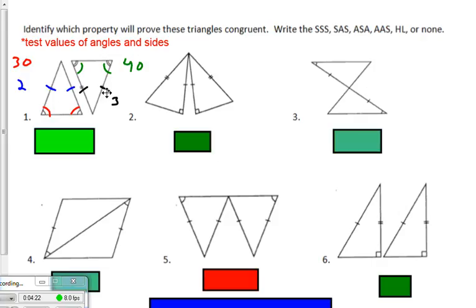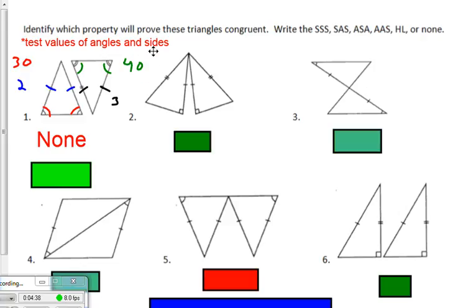This would be 3 by 3 with 40 degrees and 40 degrees. So because they didn't match everything up, although these are both isosceles triangles, they don't actually match each other. They're not the same. So in this case, none. Nothing would prove these triangles congruent. They're not actually the same as one another.